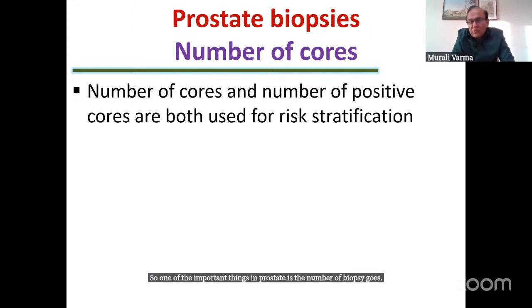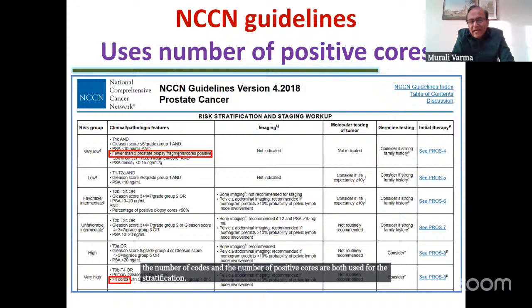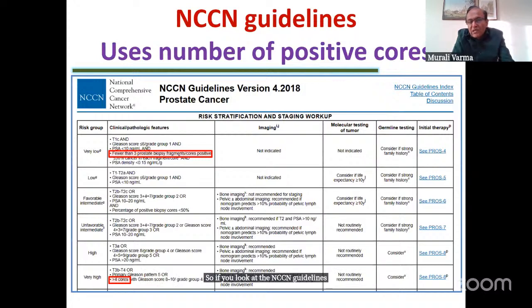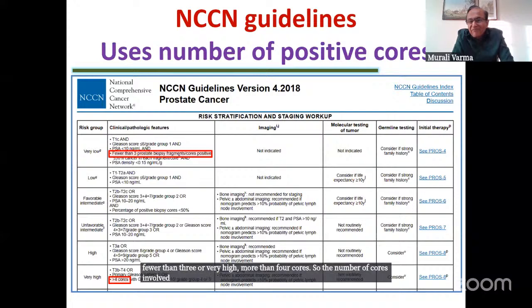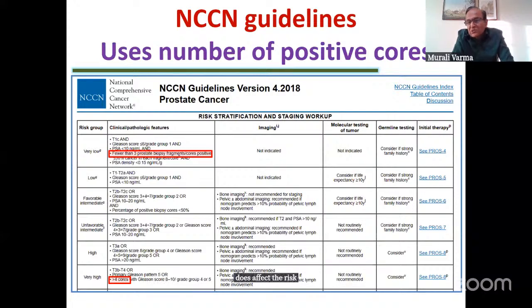The number of cores and the number of positive cores are both used for risk stratification. If you look at the NCCN guidelines, you can see the very low risk is fewer than 3, or very high, more than 4 cores. So the number of cores involved does affect the risk stratification of patients with prostate cancer.